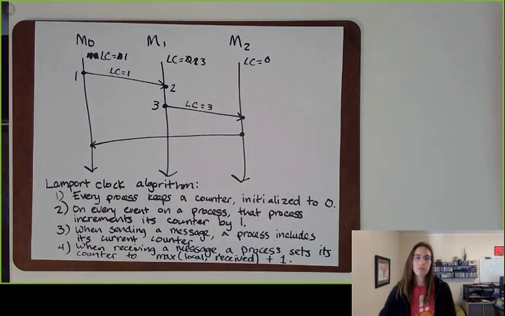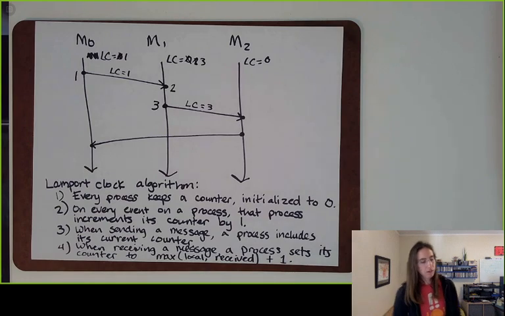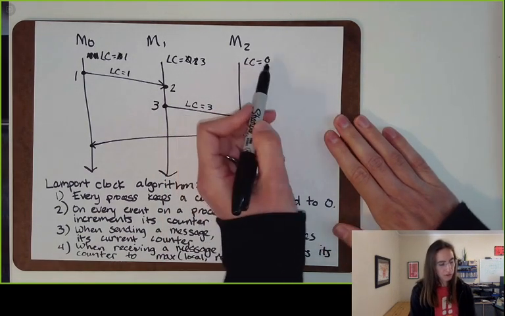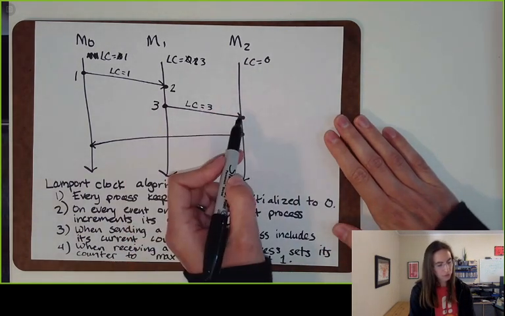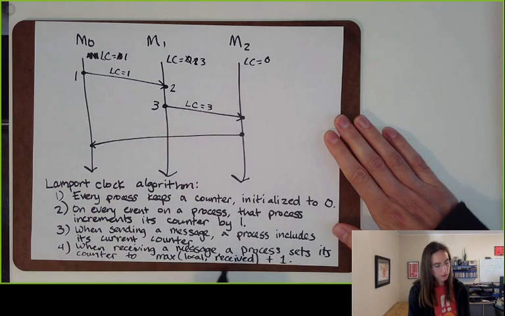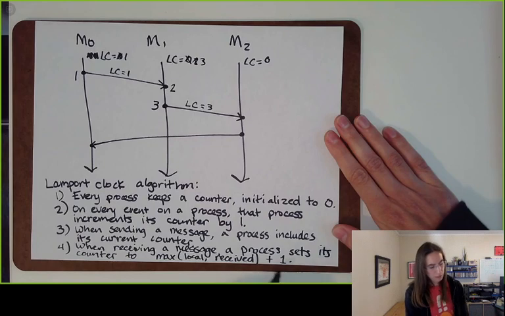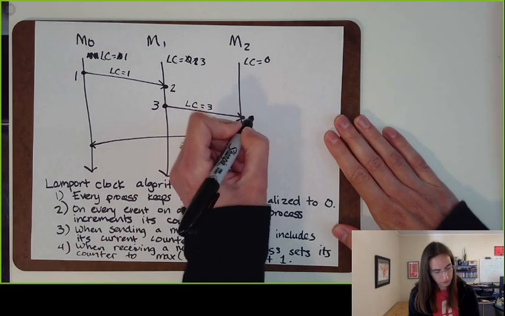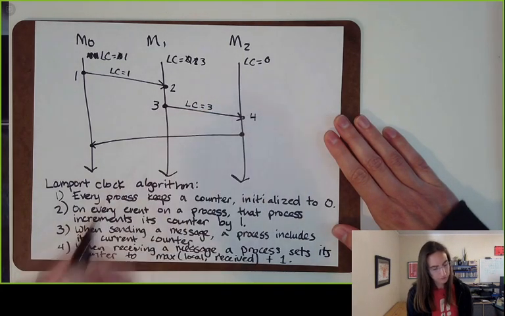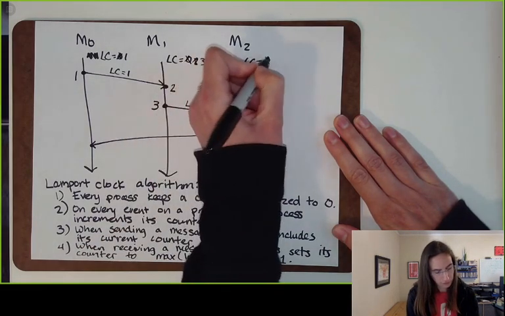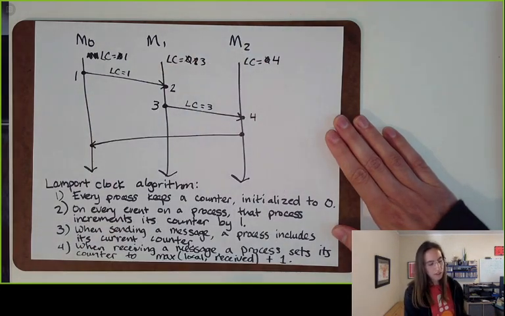What does machine 2 do? Right. So it's going to compare its local Lamport clock value to the one that was just received, which was 3. 3 is bigger than 0, so 3 wins. And then we add 1. So this Lamport clock value of this event here is going to be 4. We're going to update this to 4. And we keep going from here.